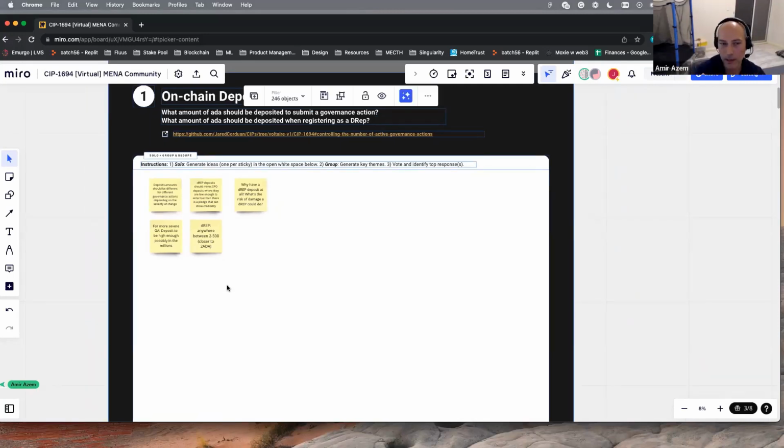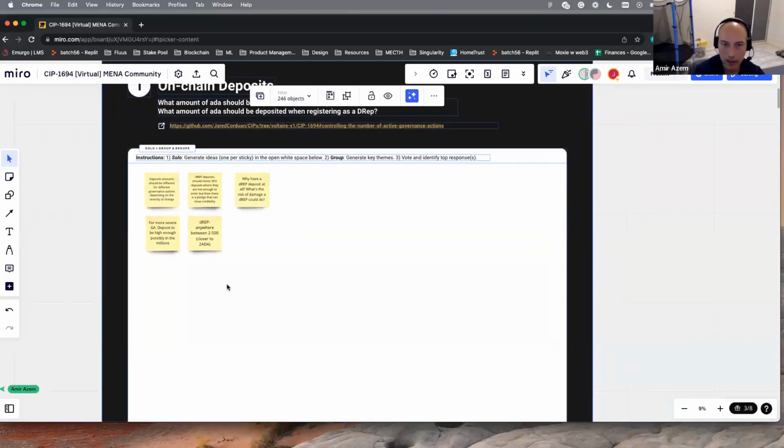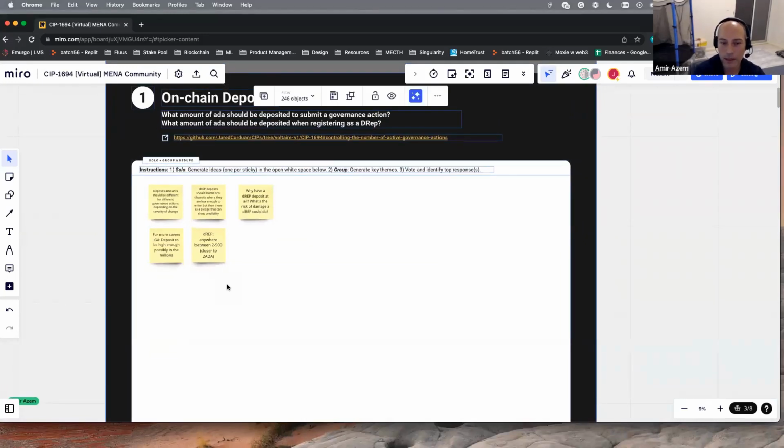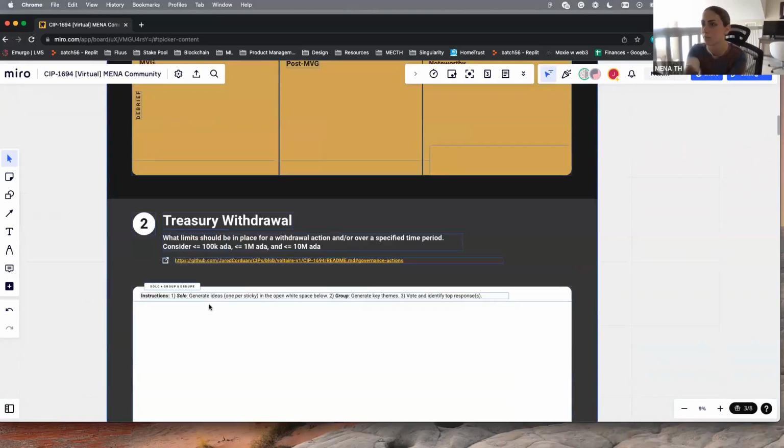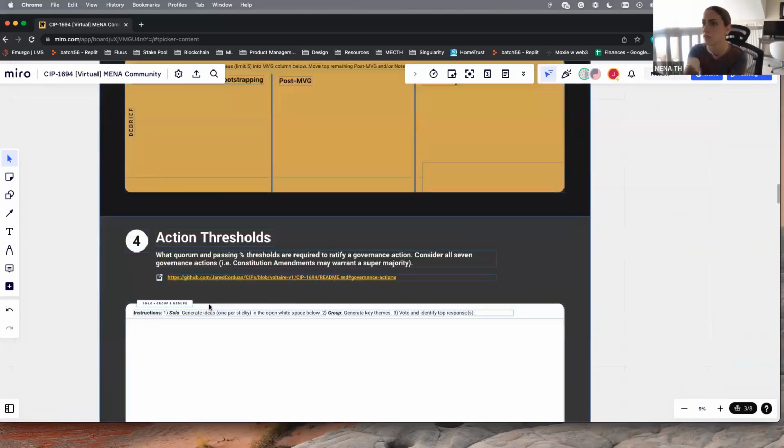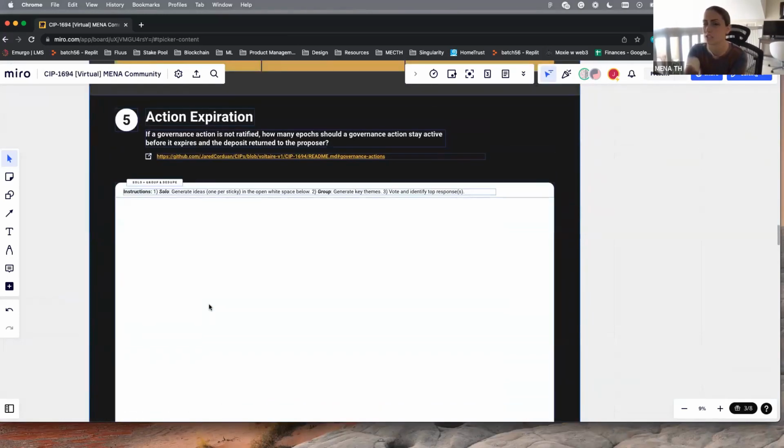Let's say someone puts in a 1 million ADA deposit for withdrawing 50% of the treasury, and everyone's voting against it, but he puts it back every year, and it's again taking everyone's time from the committees to review it. So maybe if they vote that this is exactly the same as a previous action that was voted down, raise the threshold for that. Does that make sense? It makes total sense. I think from an implementation perspective, how they're trying to mitigate that is with this question here of action expiration.